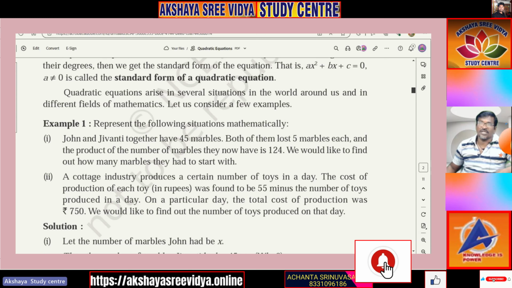On a particular day, the total cost of production was 750 rupees. We would like to find out the number of toys produced on that day.